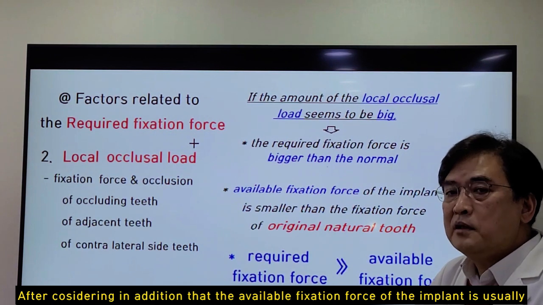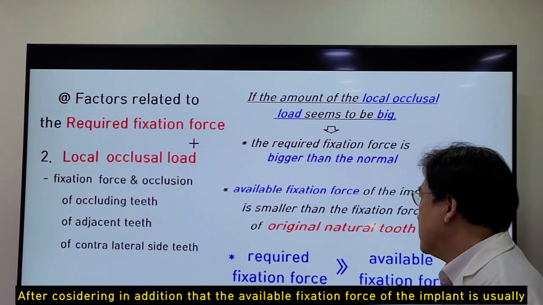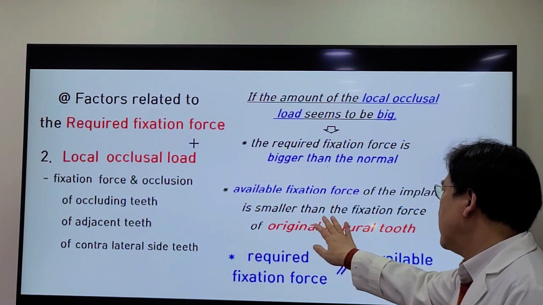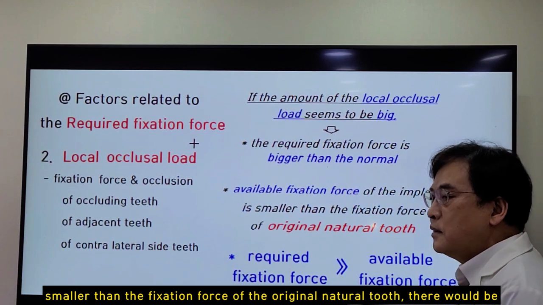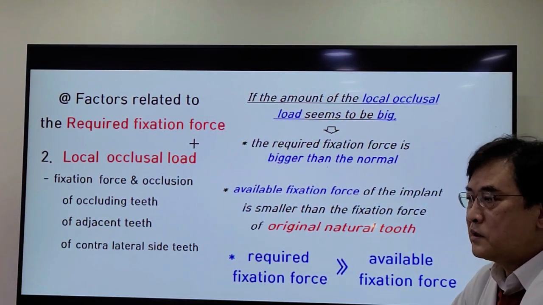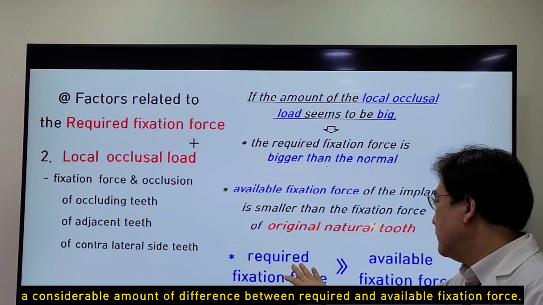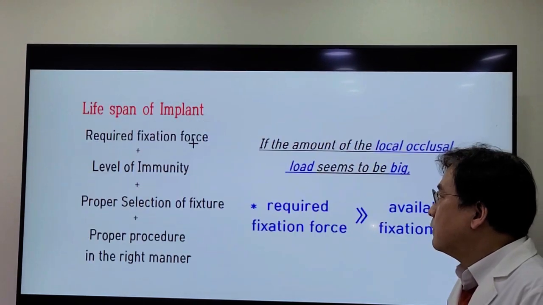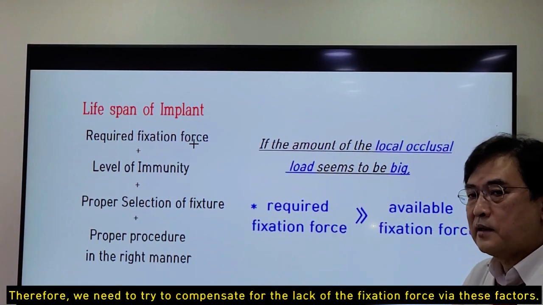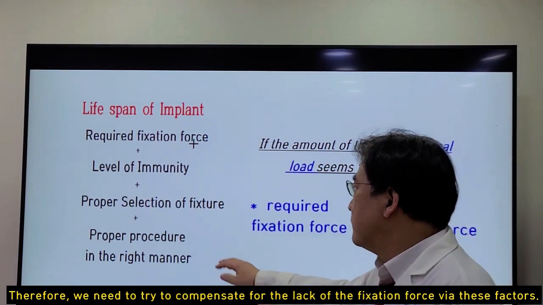After considering in addition that the available fixation force of an implant is usually smaller than the fixation force of original natural teeth, there would be a considerable difference between the required and available fixation force. Therefore, we need to try to compensate for the lack of fixation force by these factors.